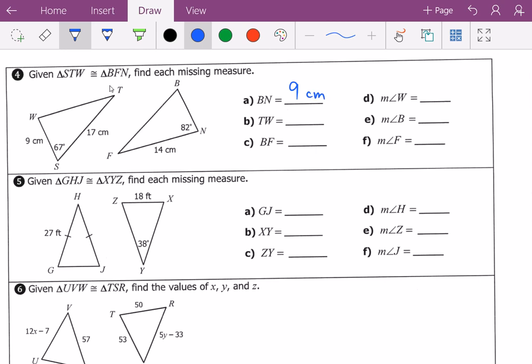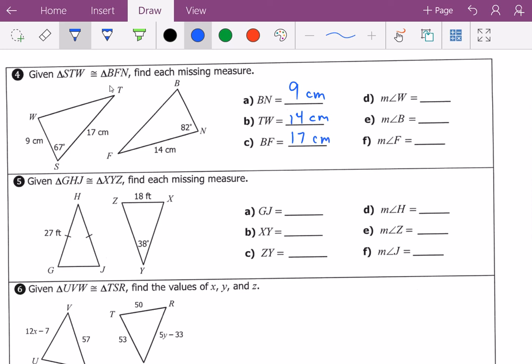For TW, TW is the second and the third, matches with the second and third, which would be FN. Looking at FN, we have 14 centimeters, so TW also has to be 14 centimeters. And lastly, BF is the first and the second, so matches with ST, which is 17 centimeters, so that means BF is also 17 centimeters.